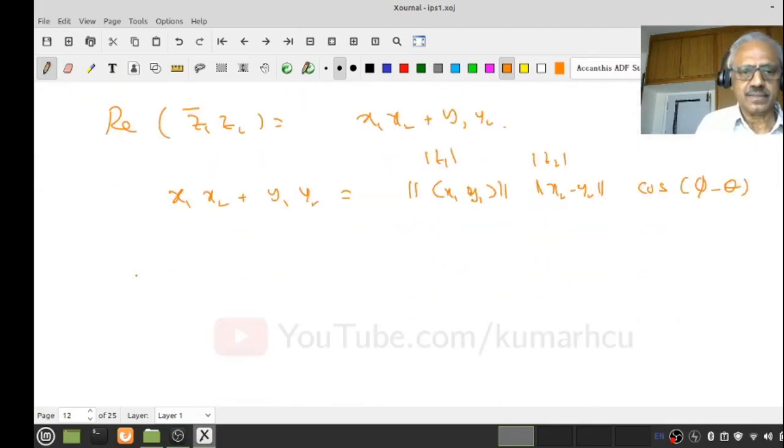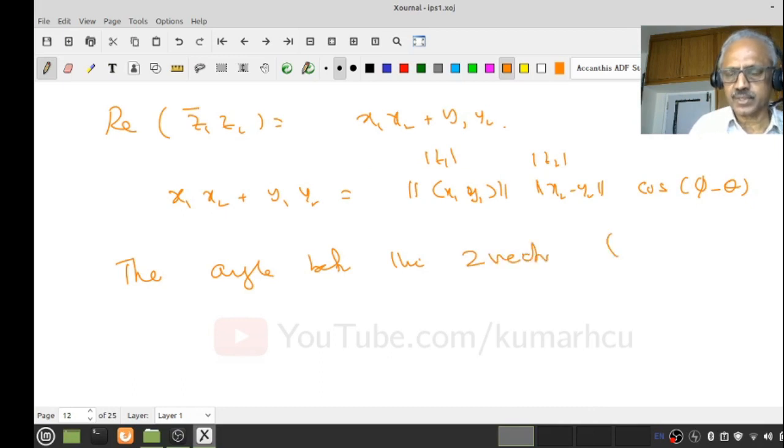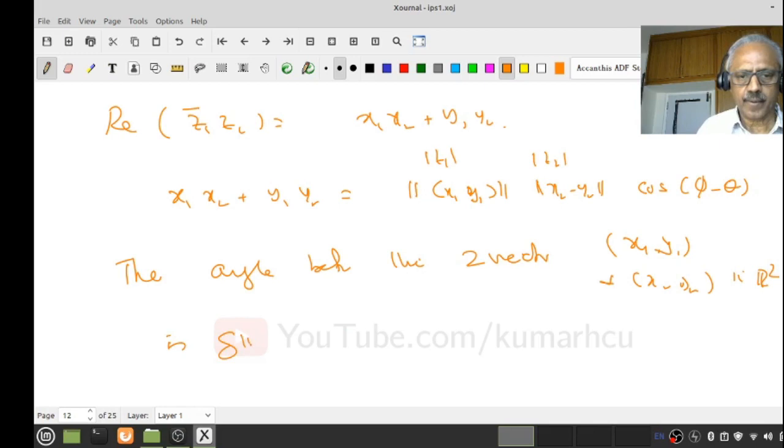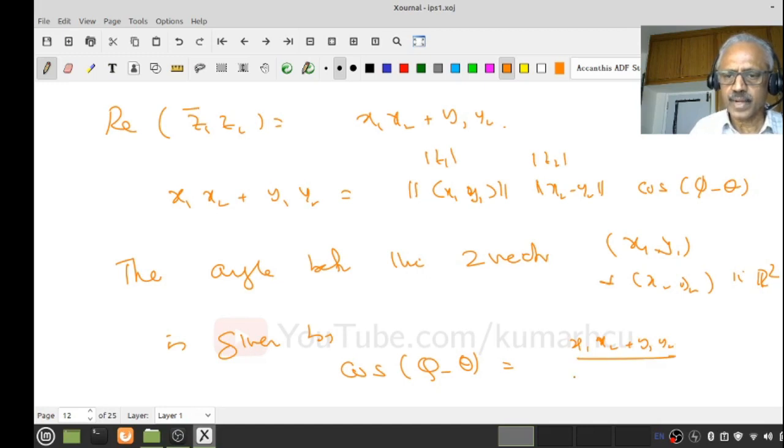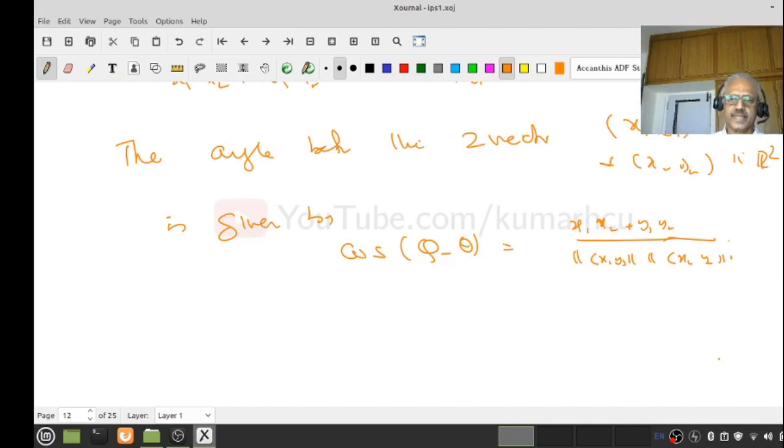Therefore I got the angle. So the angle between the two vectors, non-zero vectors of course, x1 y1 and x2 y2 in R2 is given by cos of phi minus theta equal to x1 x2 plus y1 y2 by the norm of the vector x1 y1 into the norm of the vector x2 y2, right?